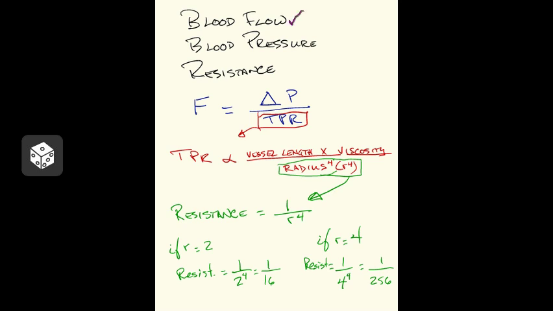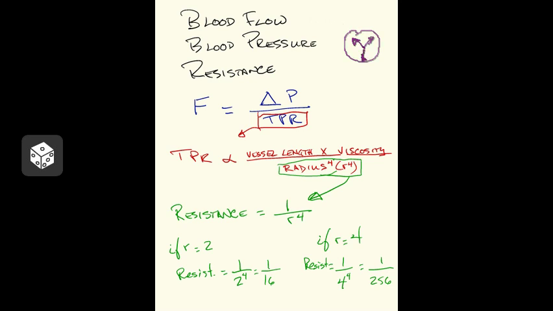Blood flow is a measurement of the volume of blood passing through a structure per unit time. We can measure it in milliliters per minute, liters per minute, etc. Blood pressure is the pressure that the blood exerts against the inside of the blood vessel wall.